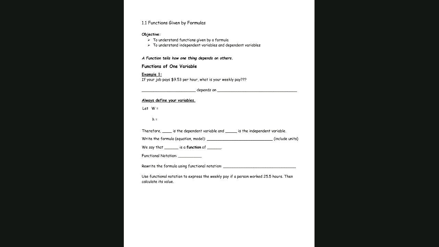Example 1. If your job pays $9.53 per hour, what is your weekly pay? Let's think about this. Something is missing. I need additional information. I need to know how many hours you worked.